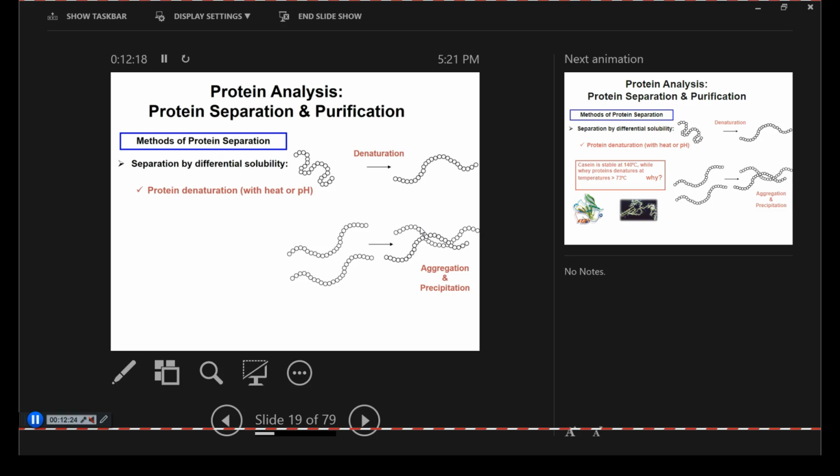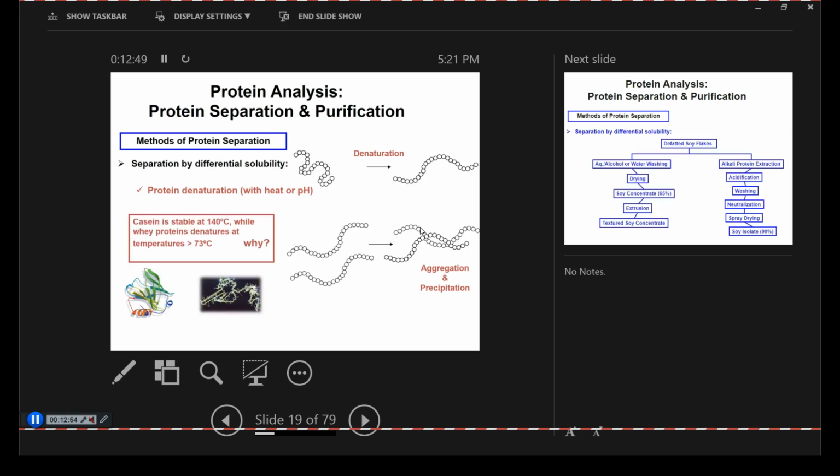And once the protein opens up, again, it will be attracted to each other via hydrophobic interactions, and then they aggregate and precipitate. Isolation and precipitation using protein denaturation is not desired because in this case, you are truly isolating the protein, but you are changing its structure in a way that could be detrimental for functionality.